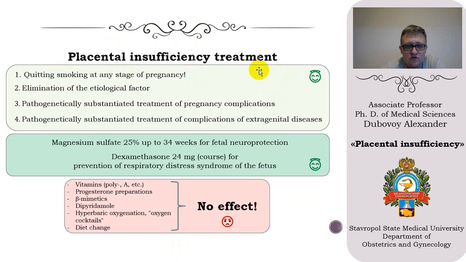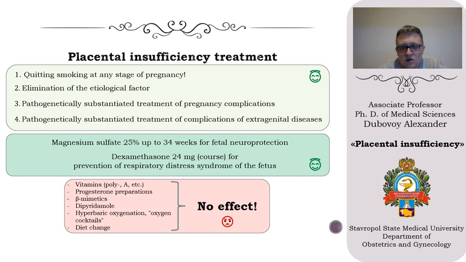Placenta insufficiency treatment: quitting smoking at any stage of pregnancy, elimination of the etiological factor, pathogenetically substantiated treatment of pregnancy complications, and genetically substantiated treatment of complications of genital disease. Magnesium sulfate up to 34 weeks for fetal neuroprotection.